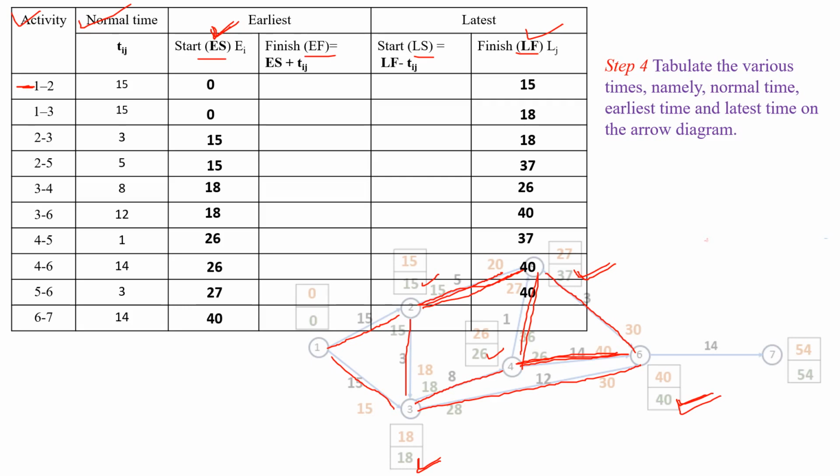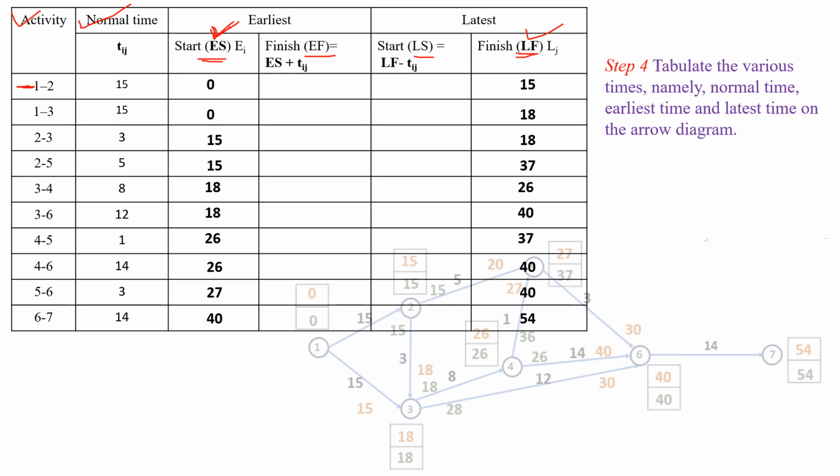And last one is the activity 6 to 7. For activity 6 to 7, latest finish time is 54 at event 7. So after observing the earliest start time and latest finish time from the network diagram, you have to calculate the earliest finish time and the latest start time.